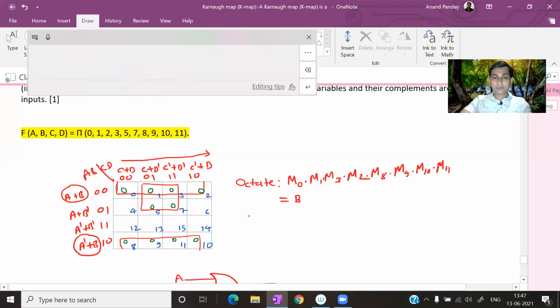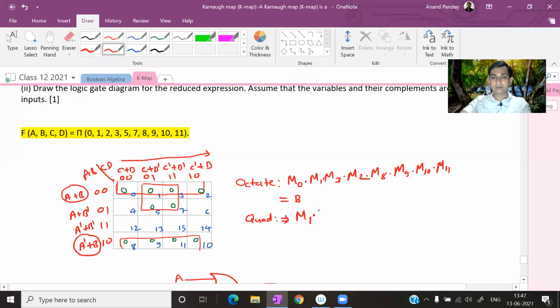Now from the quad, you can see this quad is acquiring M1 dot M3 dot M5 dot M7, that is 1, 3, 5, 7. From this quad, what will we get? You can see this is acquiring these 2 rows.